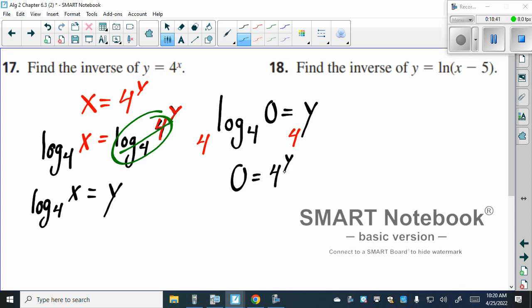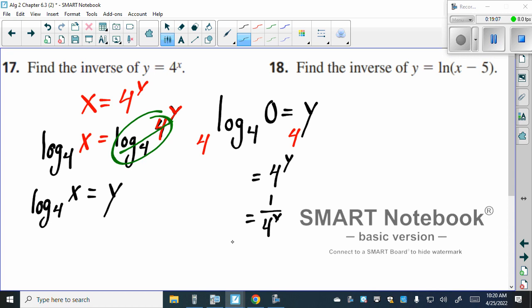Well, there's no way to get there. Because if y is 0, anything to the 0 power except for 0 is 1. If we make y negative, that's really just saying 1 over 4 to what value is going to be 0. Well, that's not going to be 0. That's just going to be a very small number. It'll never get to 0. So there's no way for this to be 0.